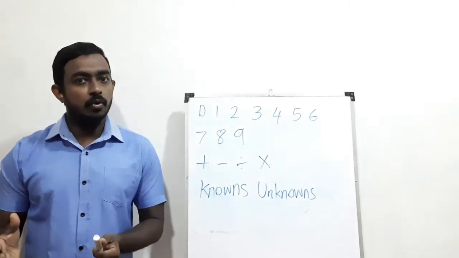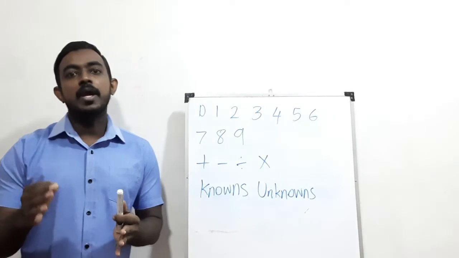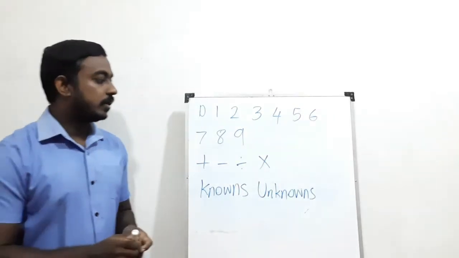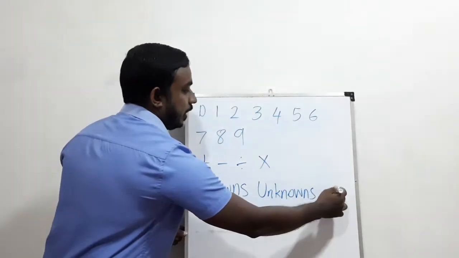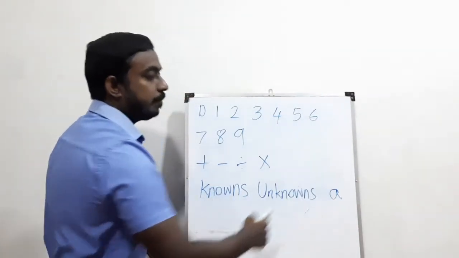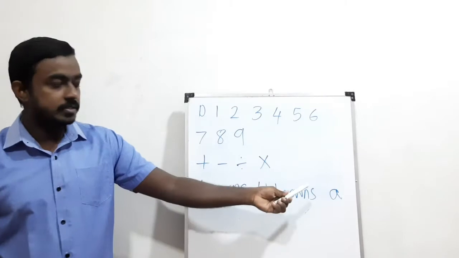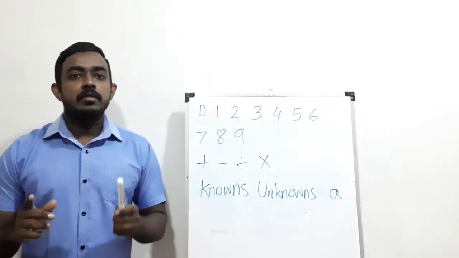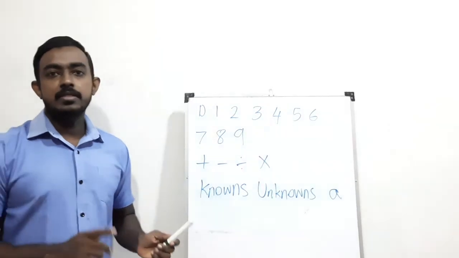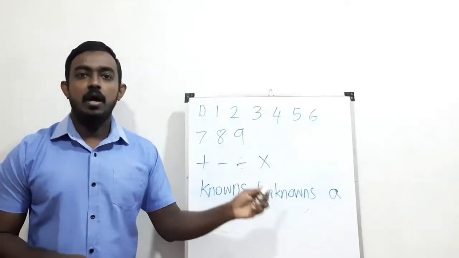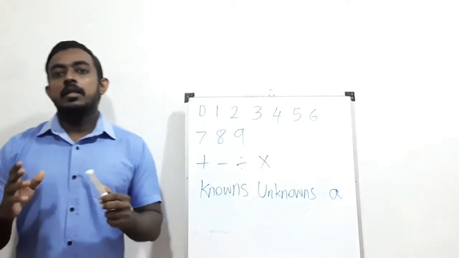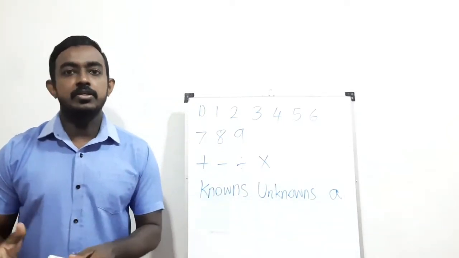As you do not know, you can use a simple English letter and write it as A. So A represents the number of coconut trees in your area. That is what we are going to learn in this lesson: unknowns represented by simple letters of the English alphabet.